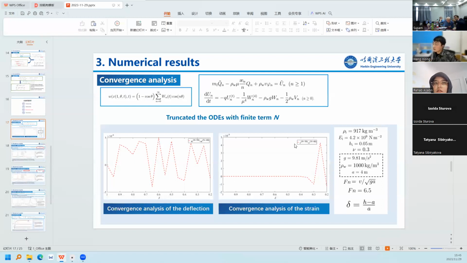It is small enough, so we draw the conclusion that the convergence is sufficient.